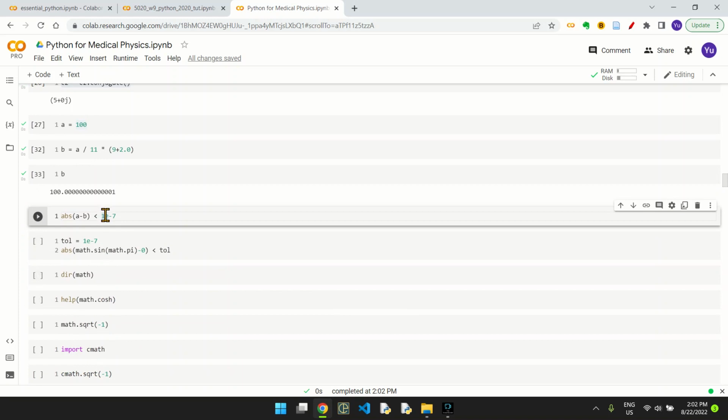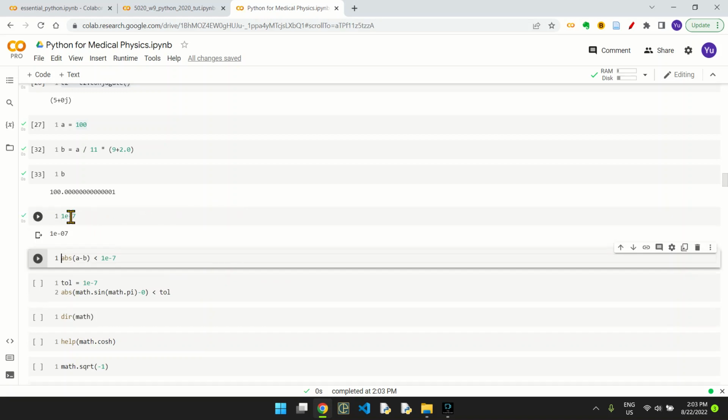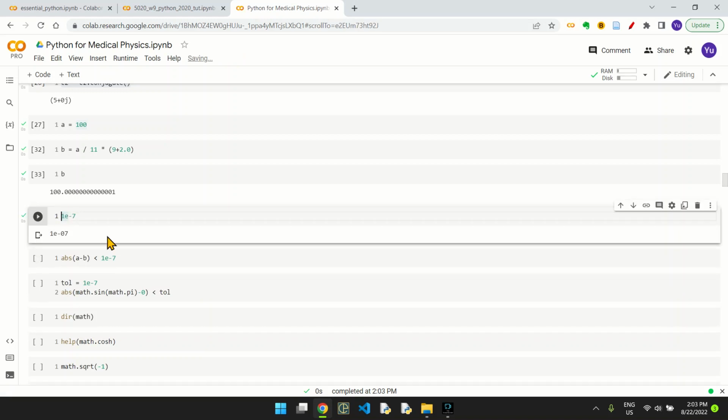So this means 0.0000001. Actually, we can just show it here. Let's do an f-string.